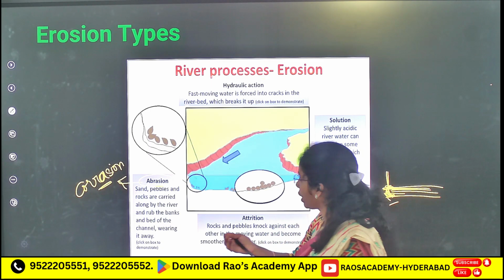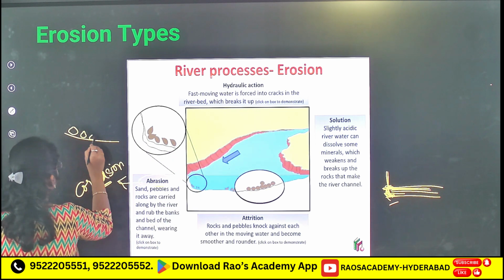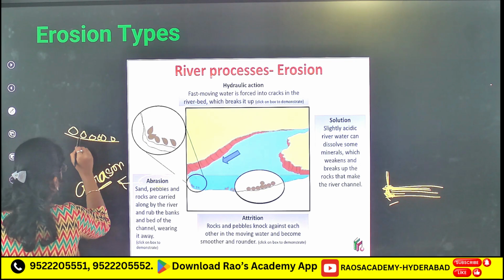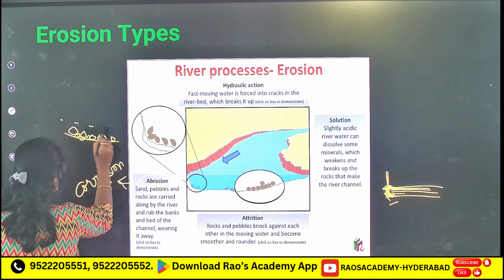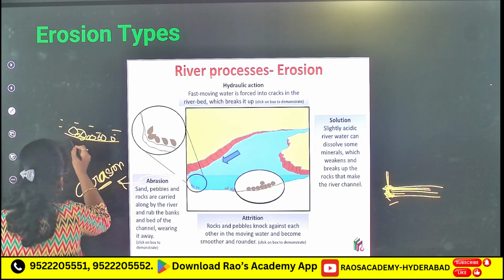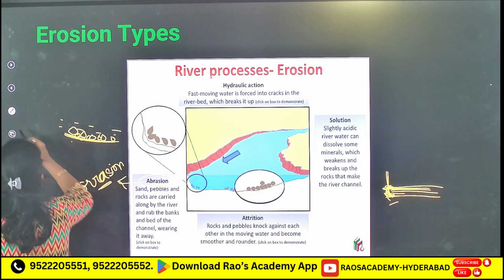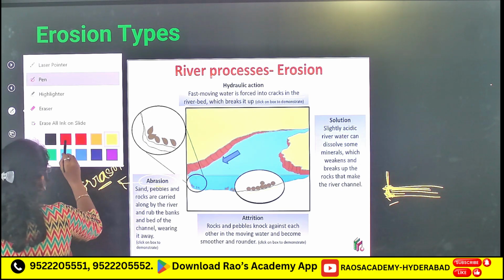If this is a surface, these rock pebbles are grinding as the river flows, and because of that grinding you will see erosion here.